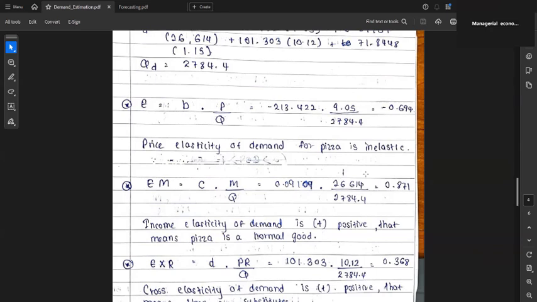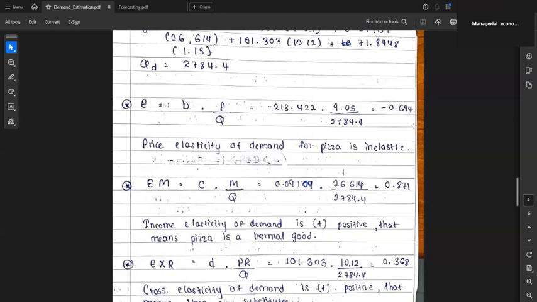Cross elasticity of demand is the responsiveness of quantity demanded to a percentage change in the price of a related good. So here we have the formulas for price elasticity, income elasticity, as well as cross elasticity.